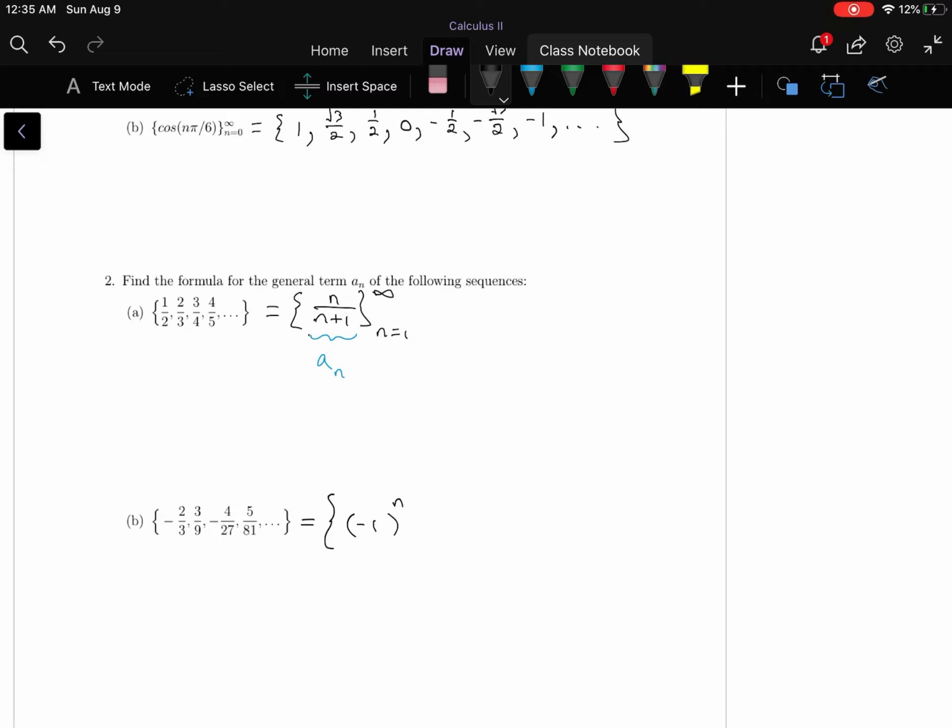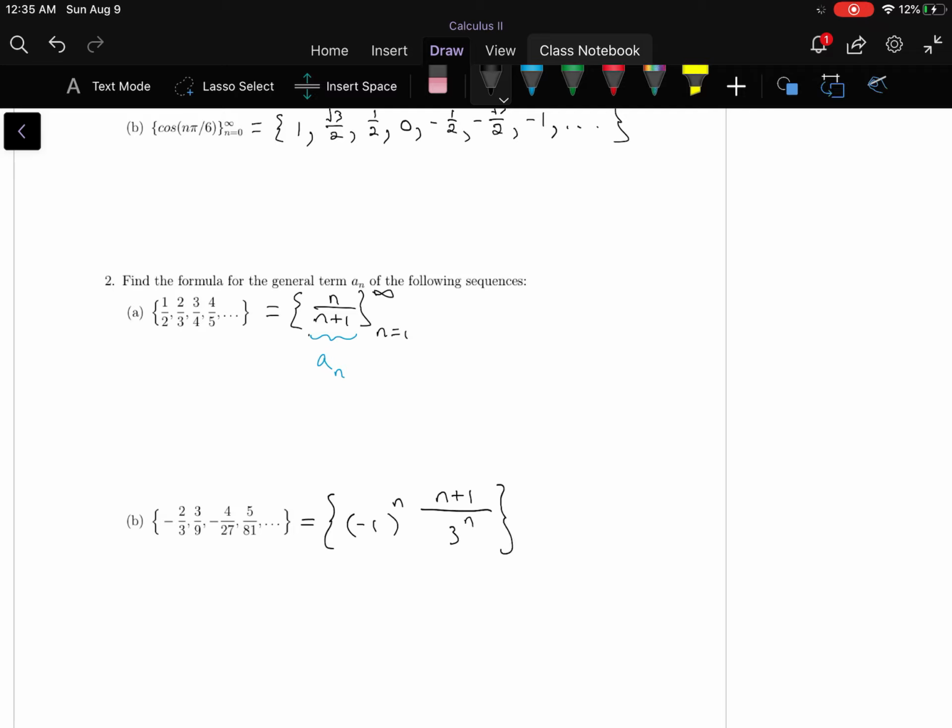And so if n is starting at 1, then I might use n plus 1 on top. The bottom is squares, so we've got 3 to the first power, then 3 to the second, then 3 to the third, 3 to the fourth. And so I see that we've got 3 to the n power.